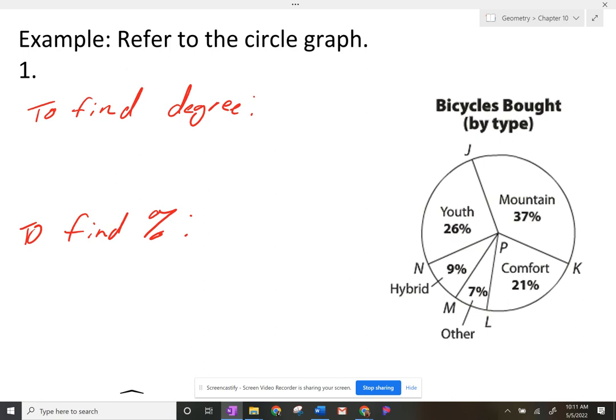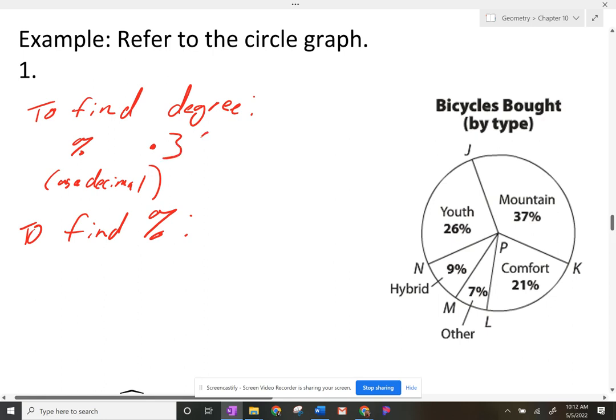We're going to take whatever the percentage is written as a decimal. So I'm going to say the percent, I'll put like underneath it as a decimal. So the percent times 360. So you're going to take the percent times 360, and that will tell you how many degrees each of them actually makes up.